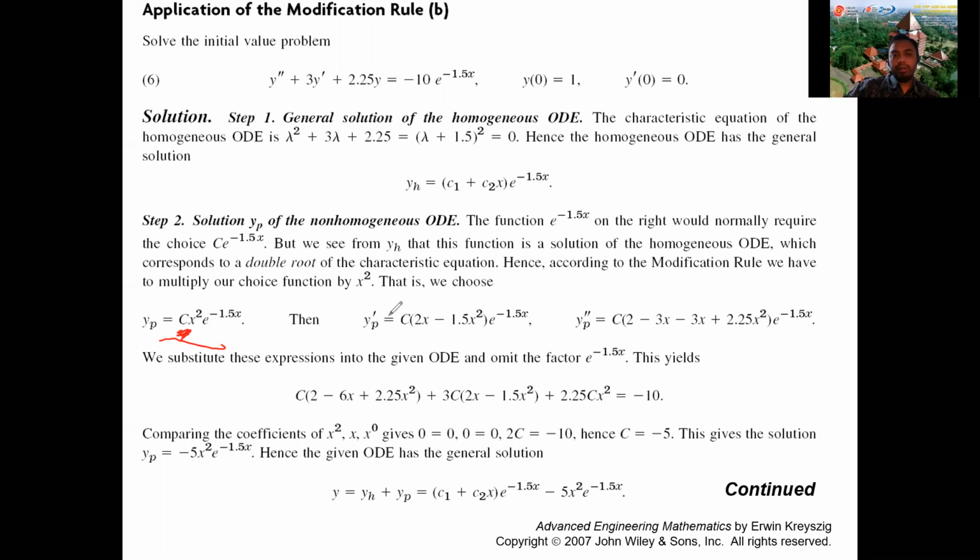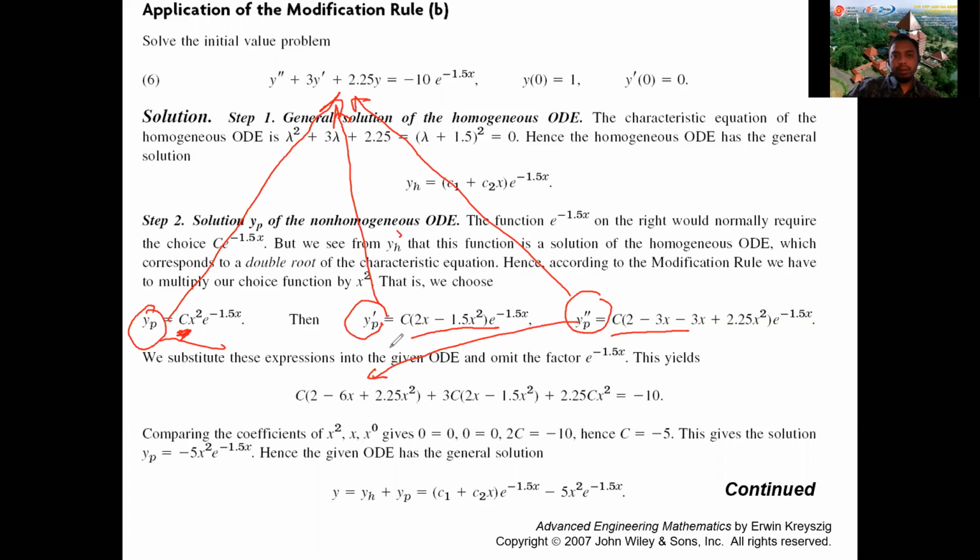So we differentiate to get yp' and yp'', and then substitute yp, yp' and yp'' into the original equation to get the c value. So y'' comes into here, y' comes into here, and yp comes to the last term over here.